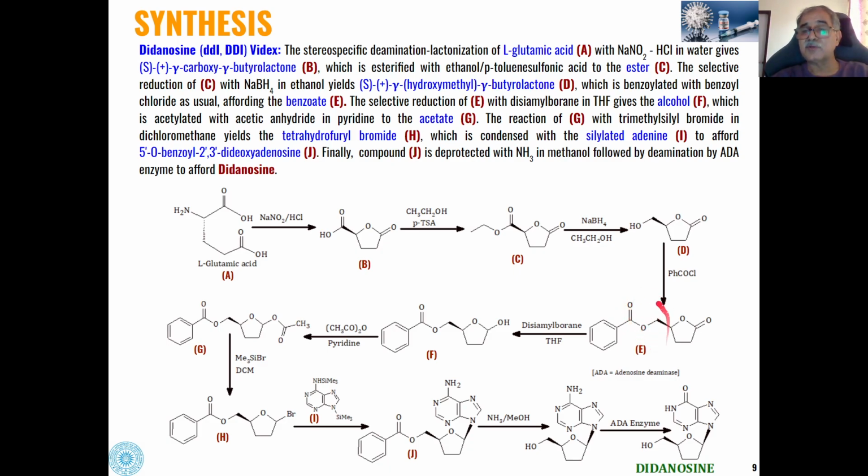Then this benzoyl ester will react with diisoamyl borane, and this ketone will be reduced to a hydroxyl group through a hydroboration reaction. Then this will again react with acetic anhydride in pyridine, and the corresponding ester of this alcohol will be formed.